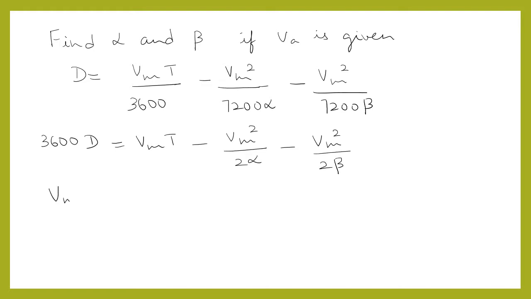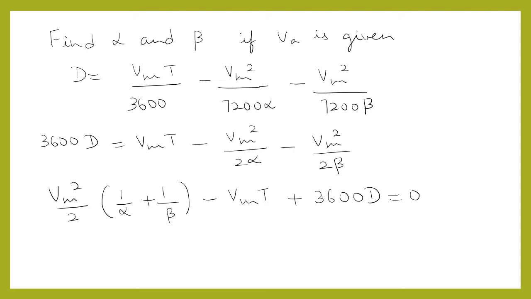So we have Vm square by 2 into 1 by alpha plus 1 by beta minus Vmt plus 3600D equal to 0.